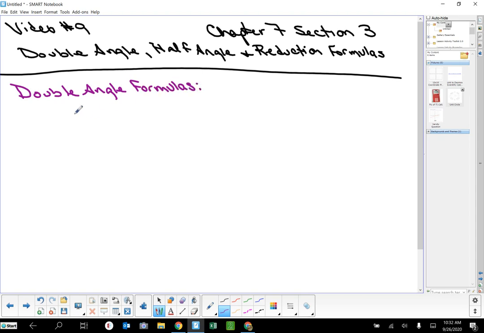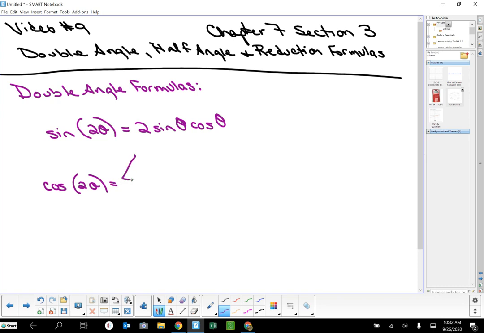All right. And that's going to look like sine, and in parentheses, you're going to have 2 theta. Remember that theta just represents an angle, and that is 2 sine theta cosine theta. And then you have cosine of 2 theta, and there's actually 3 of these. So depending on the information you're given, you're going to want to pick the one that suits you best.